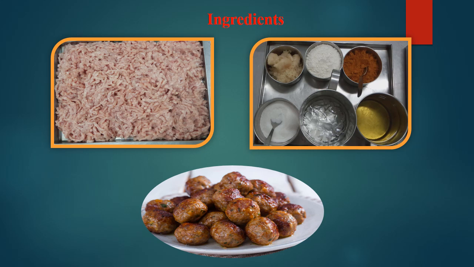Here we can see all the ingredients for making the sausage batter or meat batter or emulsion at a glance. So the main thing is the minced meat. In addition, we need the curing ingredients mixed together, that is salt, sugar and phosphate. We have green condiments like onion and garlic paste.